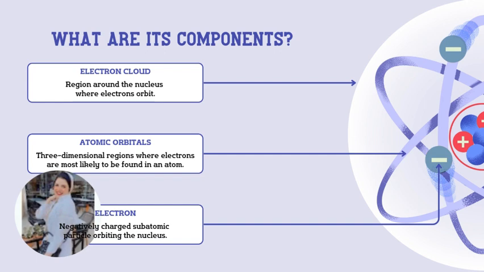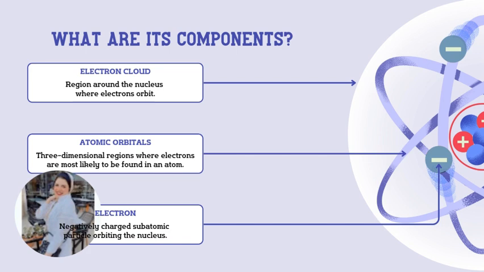So let's speak about the third component of the atom, which is the electron. The electron is a tiny particle inside an atom, but not inside the nucleus like the proton and neutron. It moves around the nucleus.